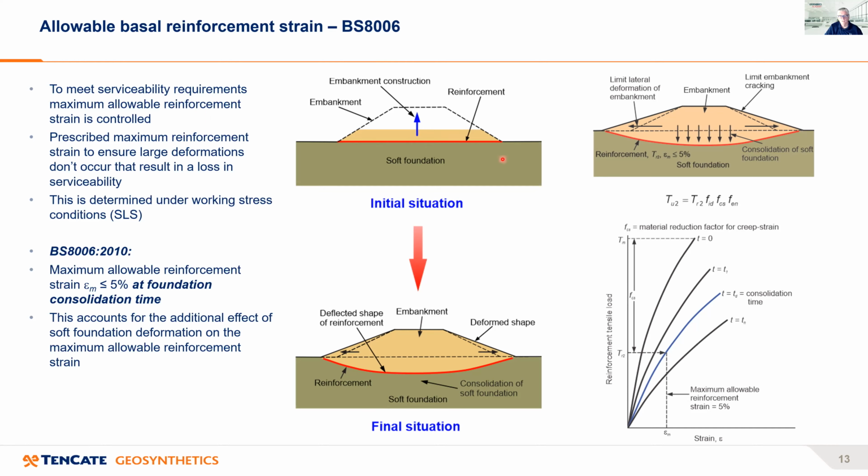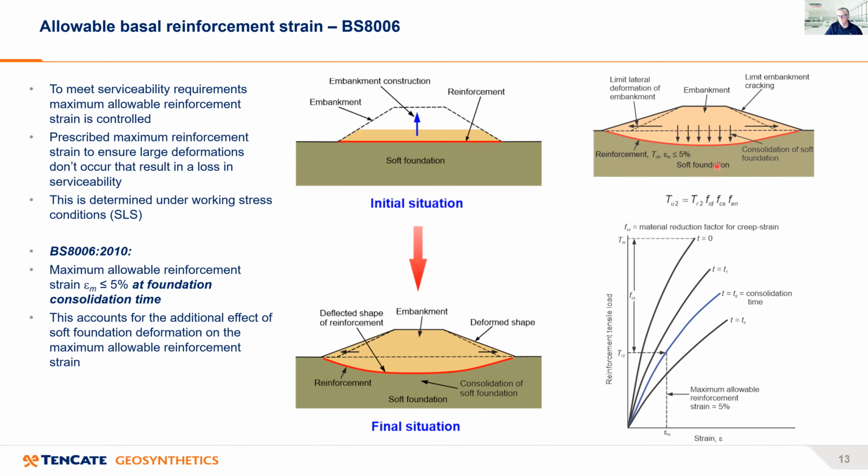For example, as we load up the embankment, under its weight the soft foundation can deform, and you can get lateral spreading, a deformed shape, and vertical sinking of this embankment. So the reinforcement can only strain so much to keep everything under control.